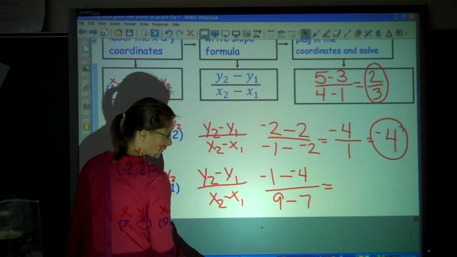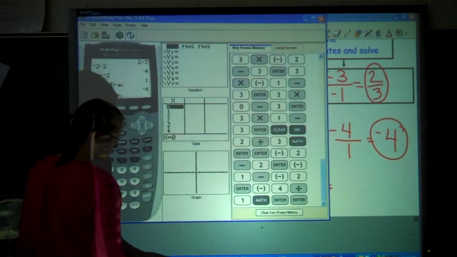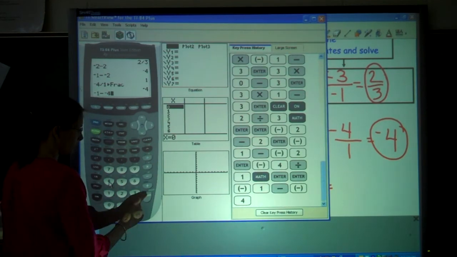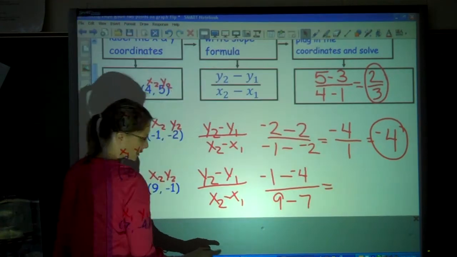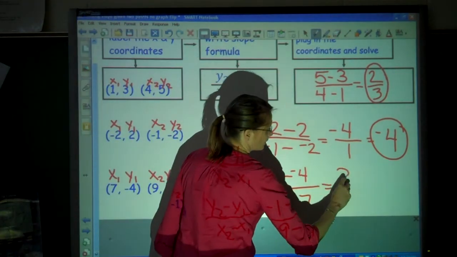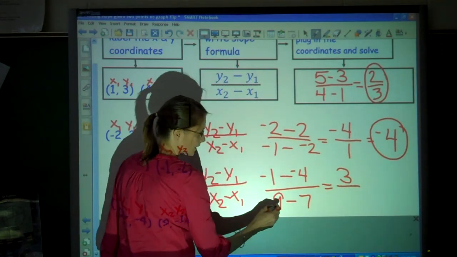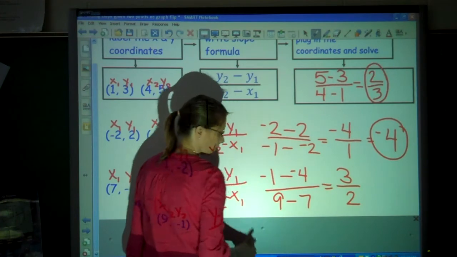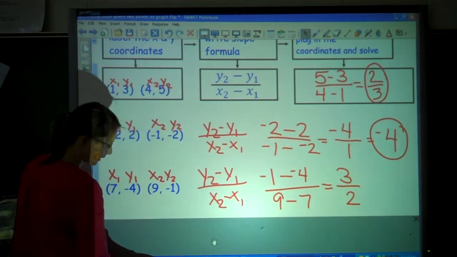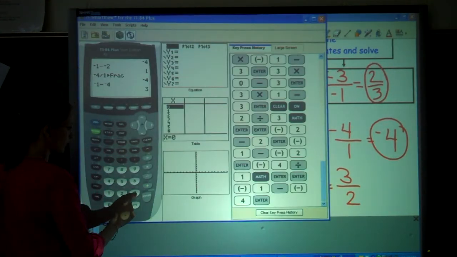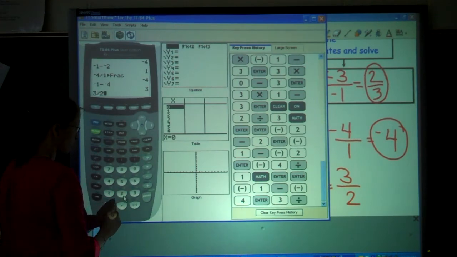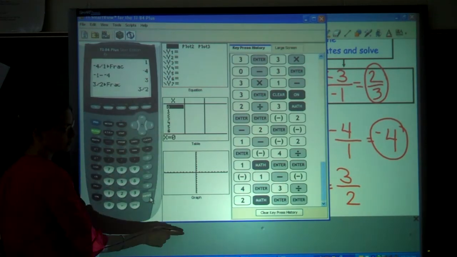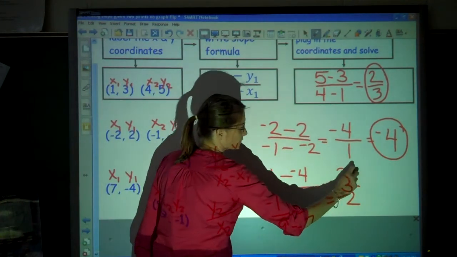I'll put that in my calculator, -1 minus -4, and I get +3 over 9 minus 7. I can put that in my calculator, or I know that's 2. And I'm going to stick that in my calculator, 3 divided by 2, math, enter, enter, and I get 3 over 2. So this is my final answer.